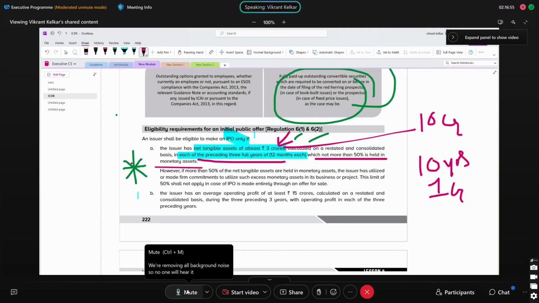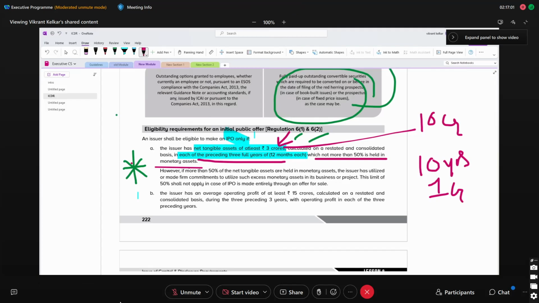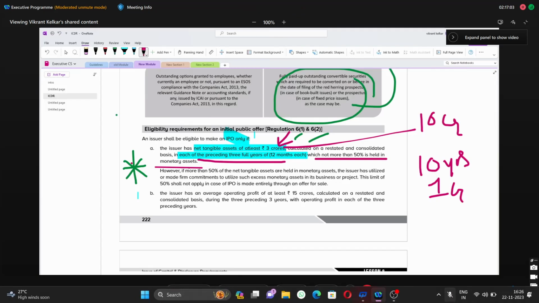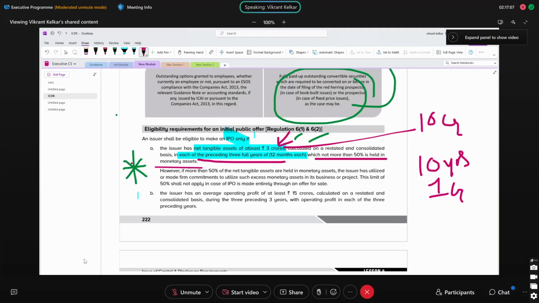For any kind of business cash is the primary asset or not. हर धंधे में कैश होती है कि नहीं? Every business got cash as asset. The twisted case is not more than 50% of the assets should be held in monetary asset.